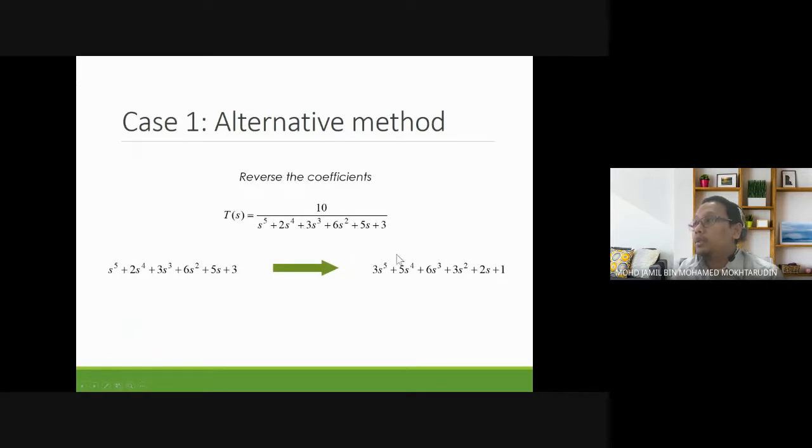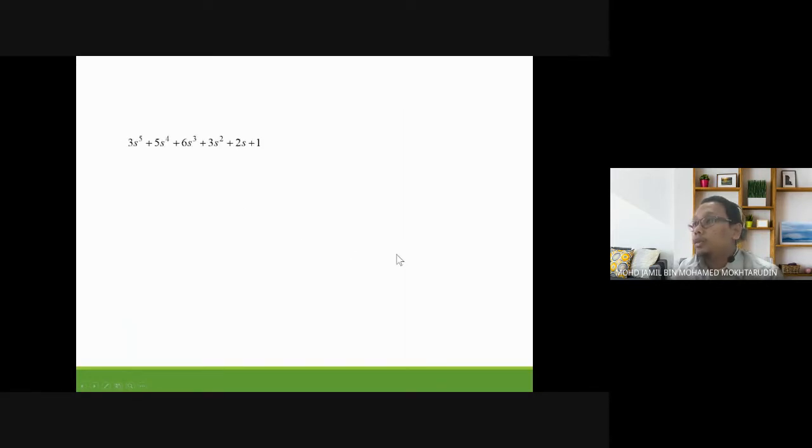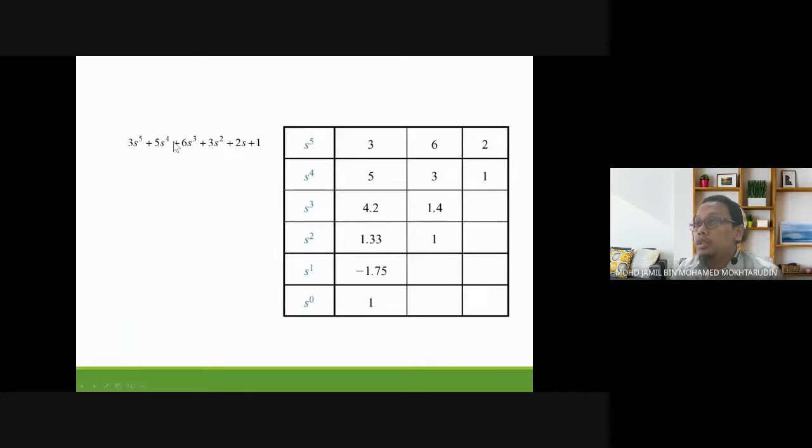And then once we reverse, you can use this new polynomial to generate the Routh table. Same procedure to generate the Routh table. And then you look at the first column.